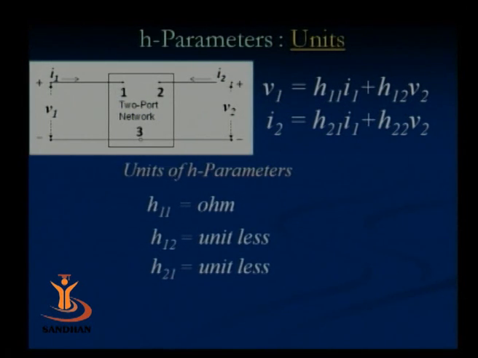Since I1 is already a current, H21 has no dimension, or no unit. So H21 is unitless. And finally, H22. I2, current, is written as a combination of voltage and some constant. So that constant must have a unit which is reciprocal of resistance, and we know that very well, it is mho or Siemens. So these are the different units of the different H parameters.